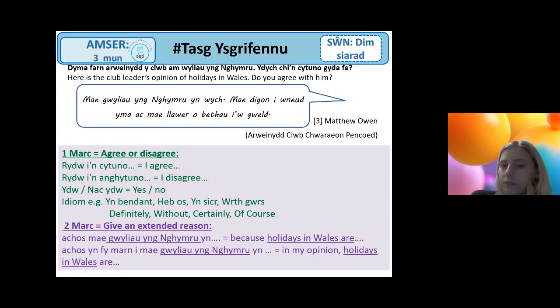"Rydw i'n cytuno." You could technically say "dydw i ddim yn cytuno", I don't agree, but "anghytuno" is disagree. They would give you marks for saying "ydw, nac ydw", yes or no. The only thing to be careful of is there are different types of yeses in Welsh. So if the question was "oes chwaer gyda ti?", do you have a sister, you'd answer with "oes" or "nac oes".